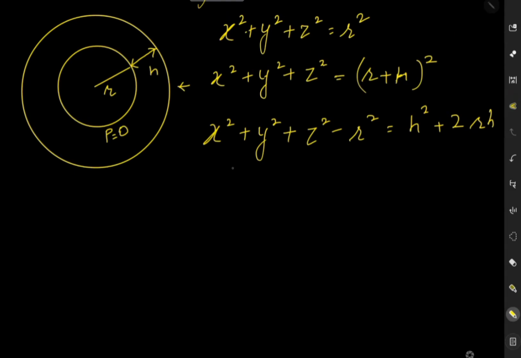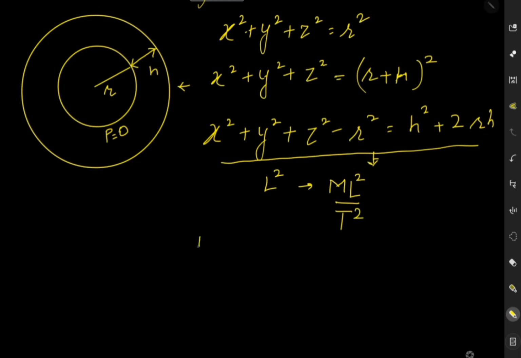So if we are to convert this equation into gravitational potential equation, we have to multiply by some constant, because in this equation the dimension is L square and we need dimensions of M L square by T square.